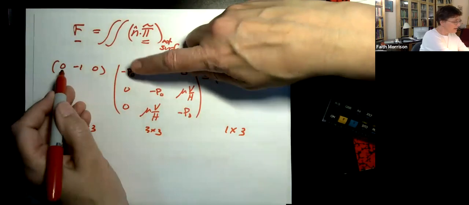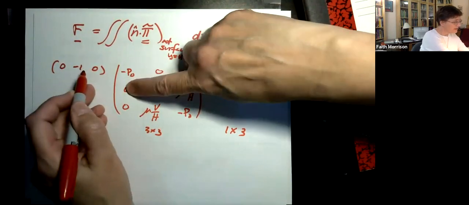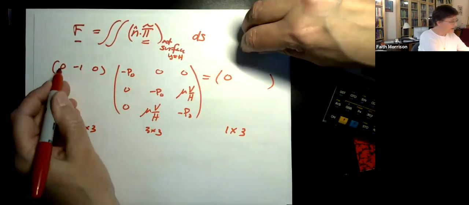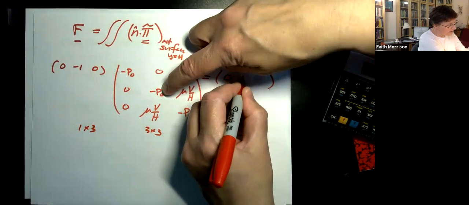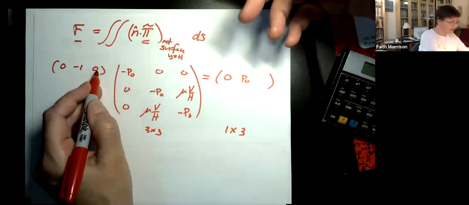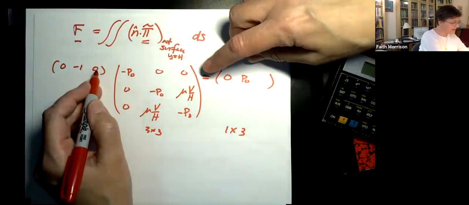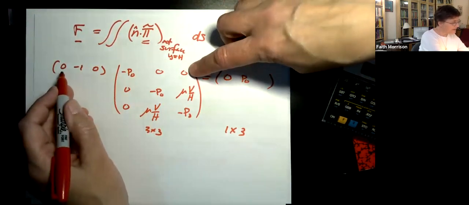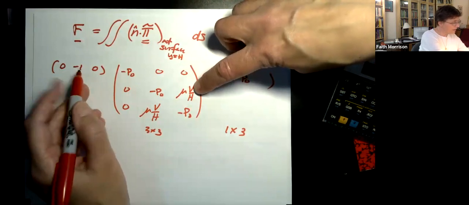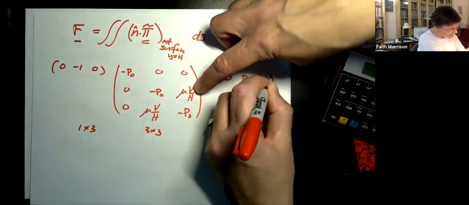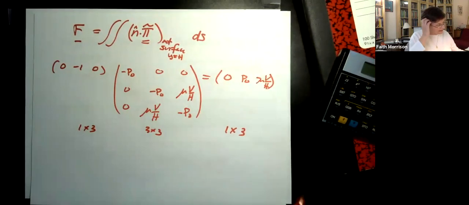So now it's 0 times p naught plus 0 times minus 1 plus 0 times 0 is 0. 0 times 0 plus minus 1 times minus p naught, which is p naught, plus 0 times this, which adds nothing. And then the third one, 0 times 0 minus 1 times mu V over h plus 0 times p naught. And so there's our final answer.